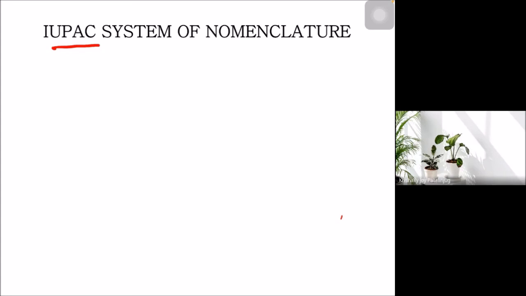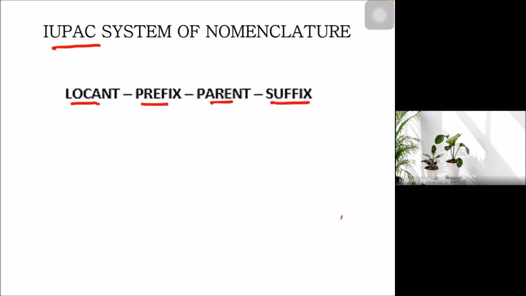For any organic molecule name, these are the components, the ingredients of the name. It has a locant, which gives the position of the branches or substituents, or could also indicate the position of the functional groups.